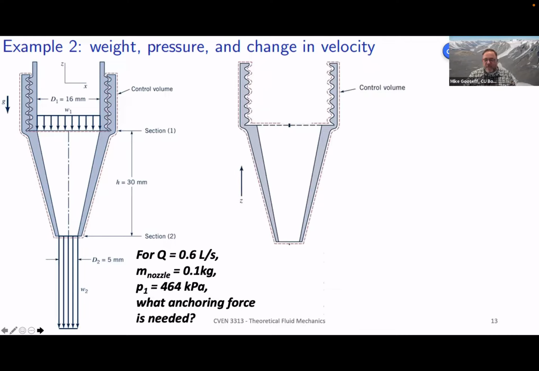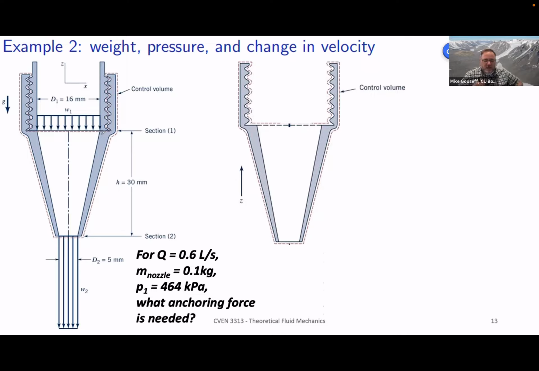So example 2 now considers the weight of the water, which we didn't consider in the previous one. We sort of made that a little bit simplified. Now we're going to consider the weight of the water and the weight of this nozzle. So imagine this gray nozzle on the left-hand side, and this little wiggly dimension on each side is where the nozzle tip has threaded into the rest of the pipe, the tube, whatever it's coming out of.